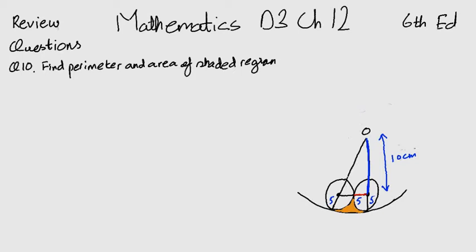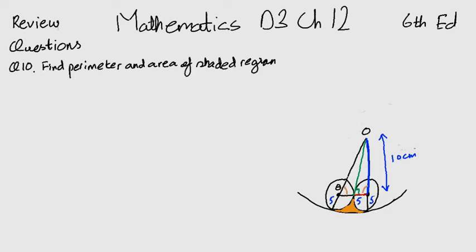Now I've drawn a green line from the center of the larger circle O to the line joining the centers of the two smaller circles. It is in green and you can see that it is 90 degrees to the horizontal line. I've also marked two angles in beige color and I have called them theta.